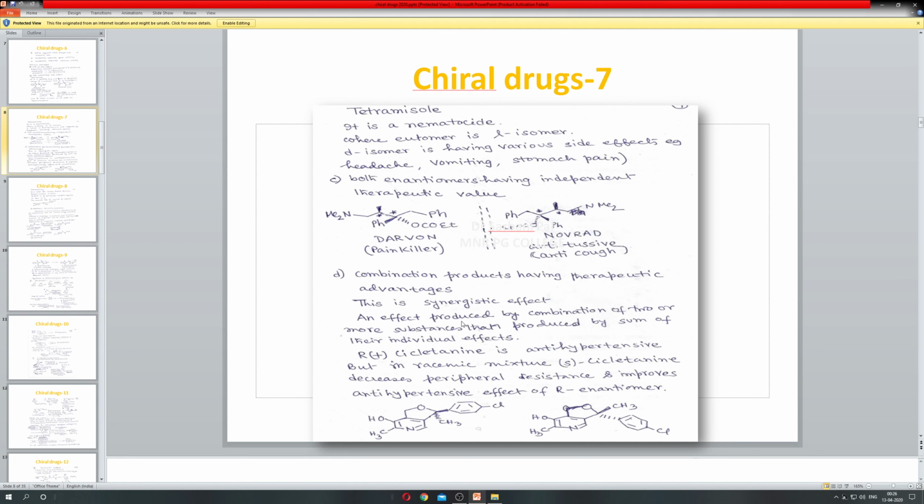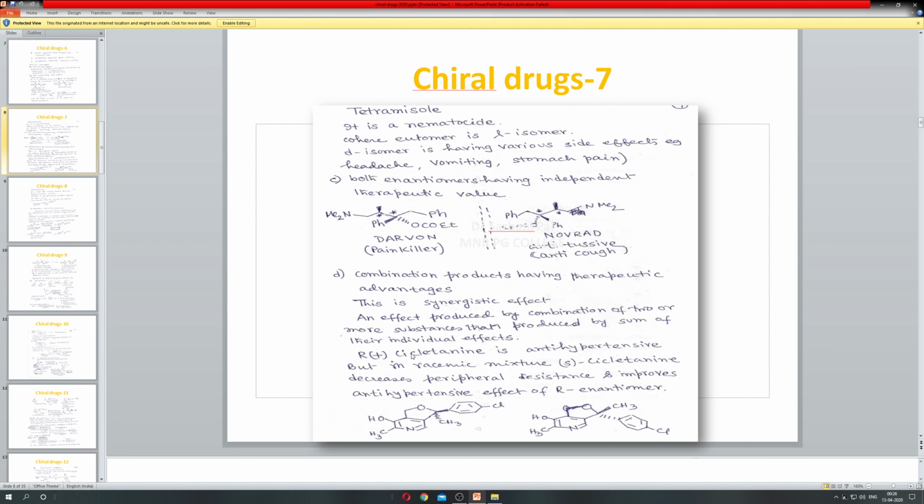An effect produced by the combination of two or more substances that is greater than the sum of their individual effects is called the synergistic effect. The simple meaning is that when we combine two or more drugs, it will have a better effect than the individual ones.